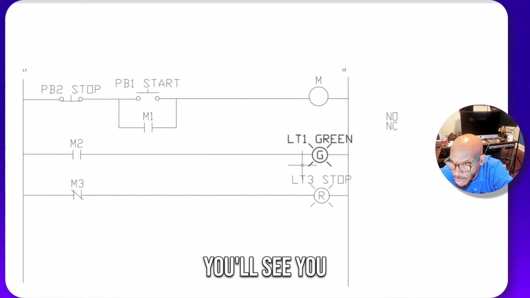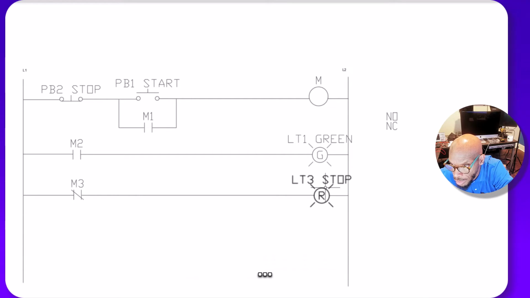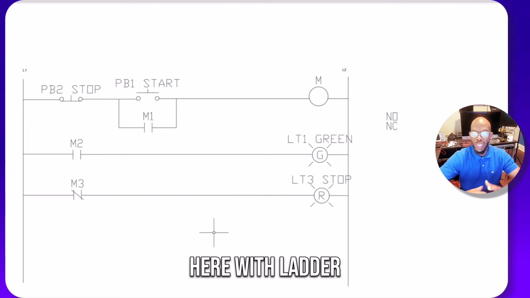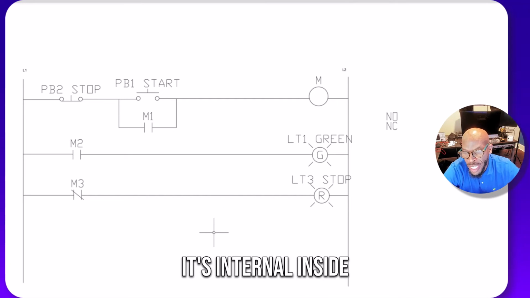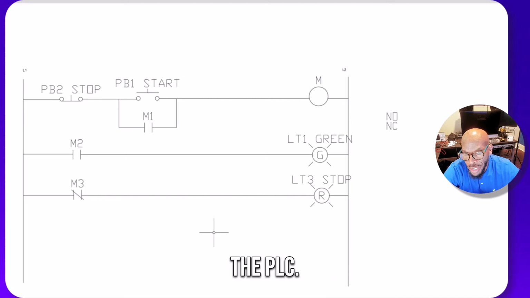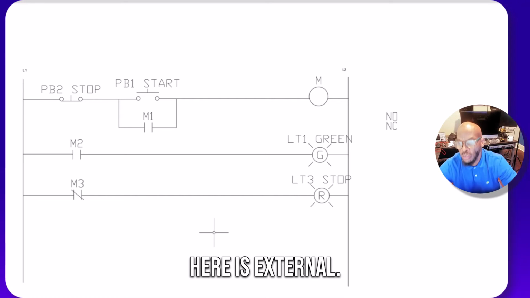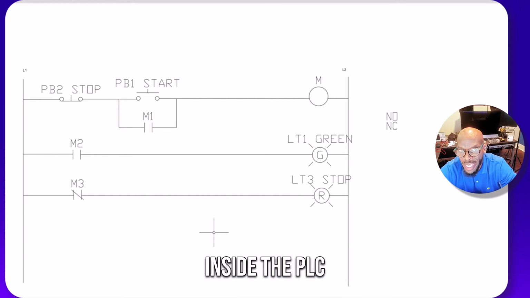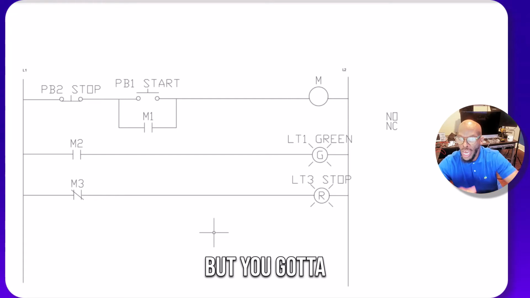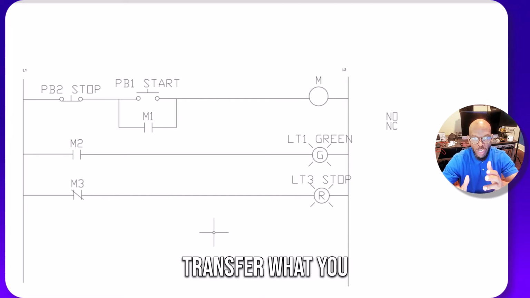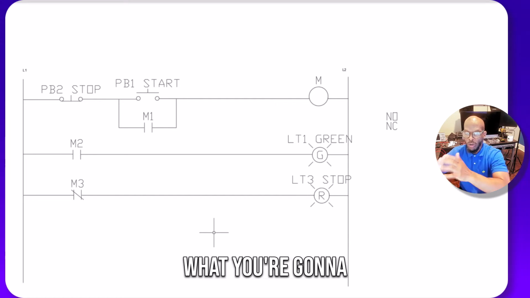They may be drawn differently, because ladder logic is internal, inside the PLC, while this stuff right here is external. So the programming inside the PLC is different, but you've got to know how to transfer what you learn here to what you're going to learn in ladder logic.